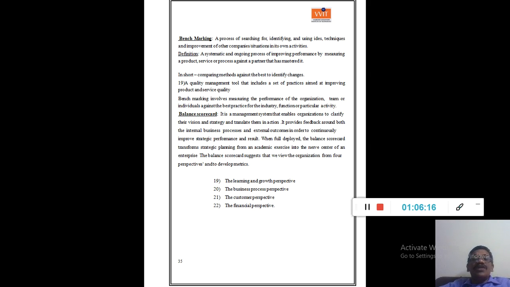Benchmarking involves measuring the performance of the organization, team or individuals against the best practice for the industry, team or individuals for that particular activity.